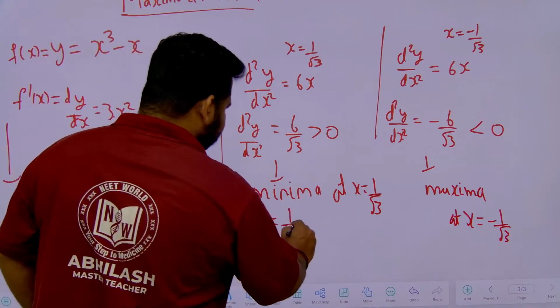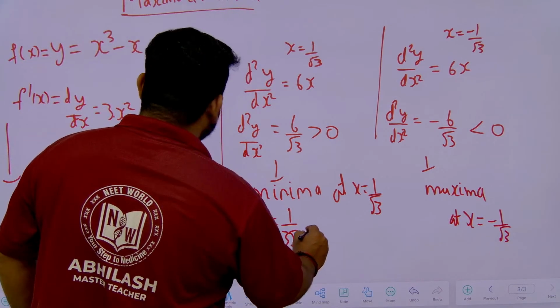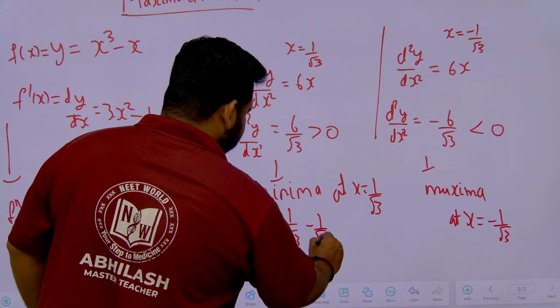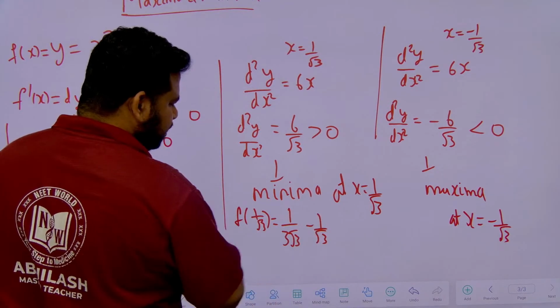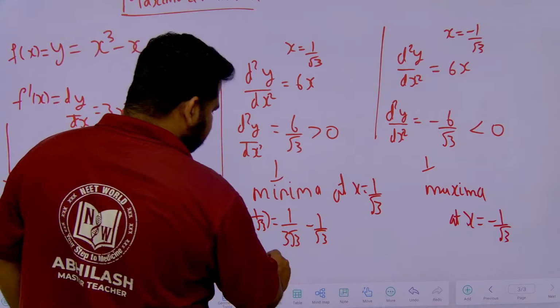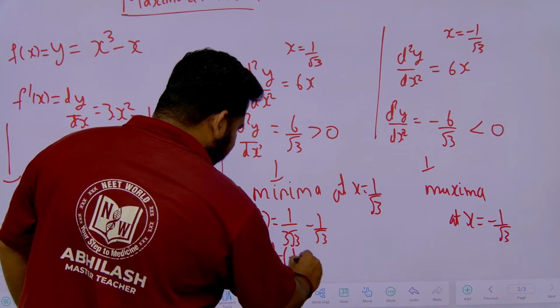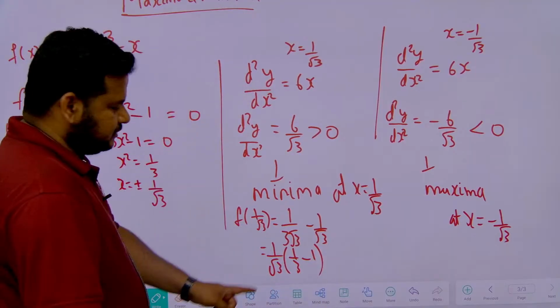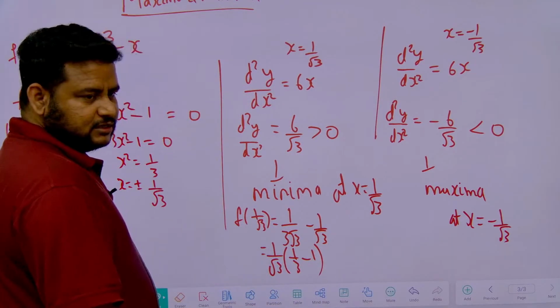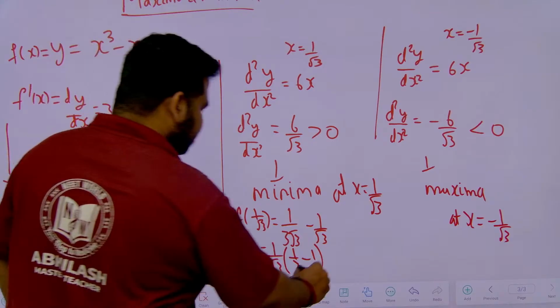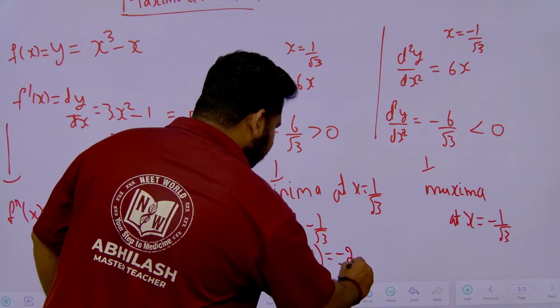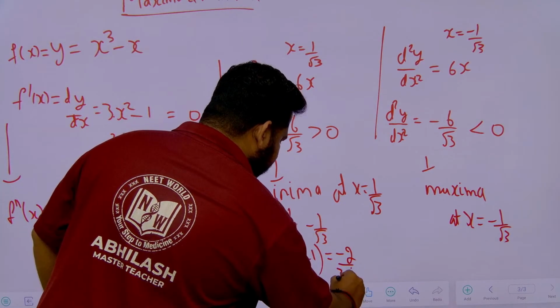So 1 by 3 root 3 minus 1 by root 3. I can take 1 by root 3 common. I will have 1 by root 3 into 1 by 3 minus 1. Here the LCM is 3. So 1 minus 3, that is minus 2 by 3. So I will get minus 2 by 3 root 3.